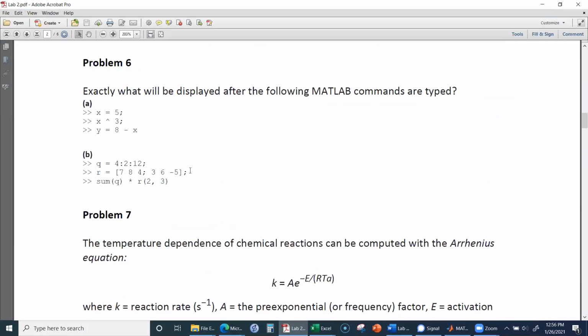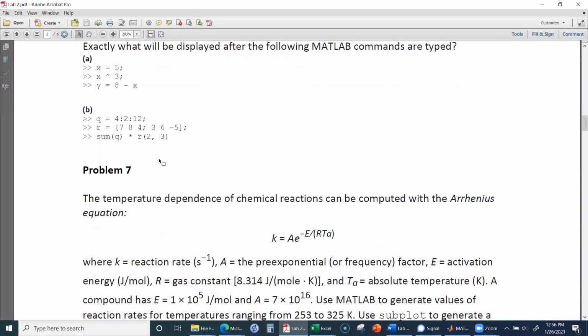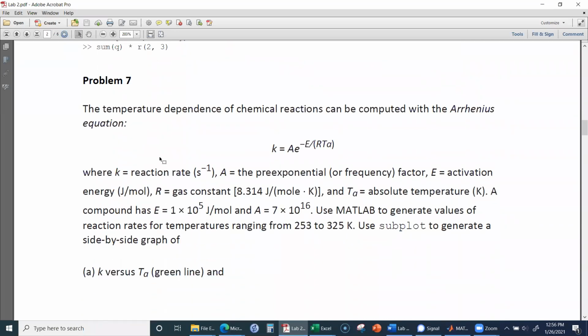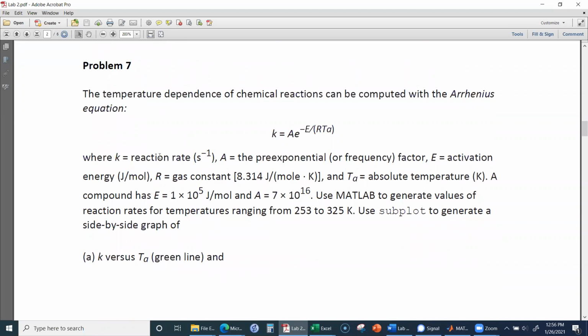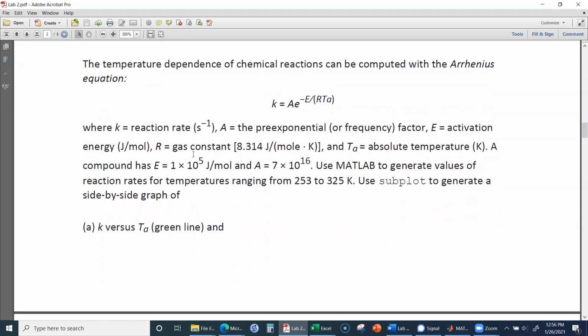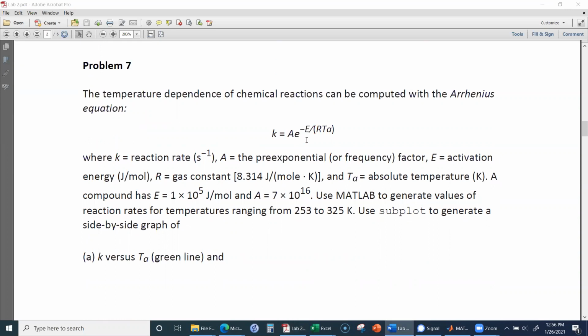Next example is exactly what will be displayed after the following MATLAB commands are typed, so that you can see it very easily. So maybe I can skip it. So let's try another problem over here. This is problem number 6, and now this is problem number 7.